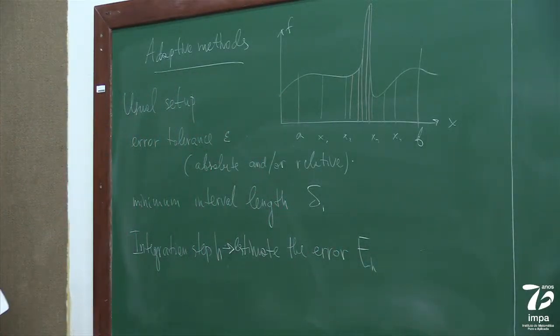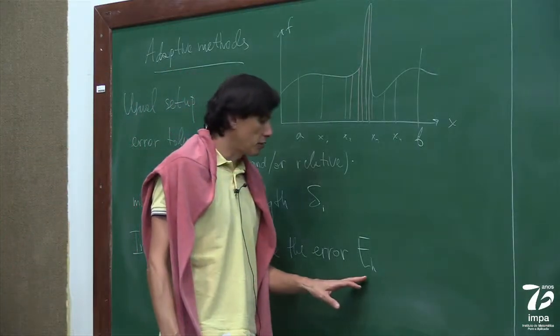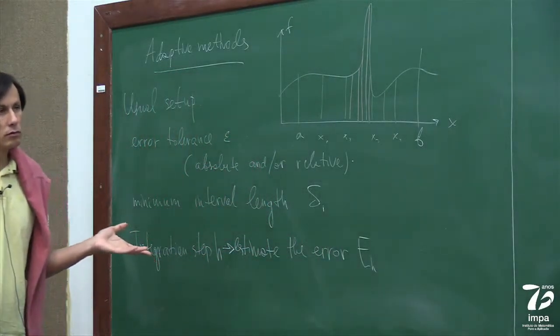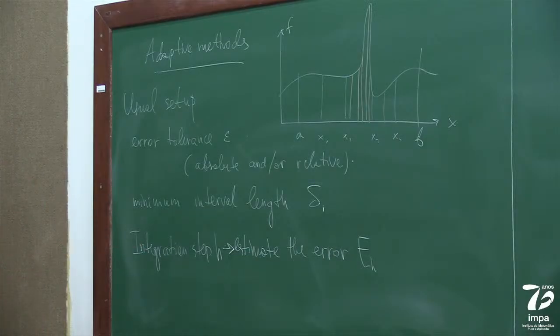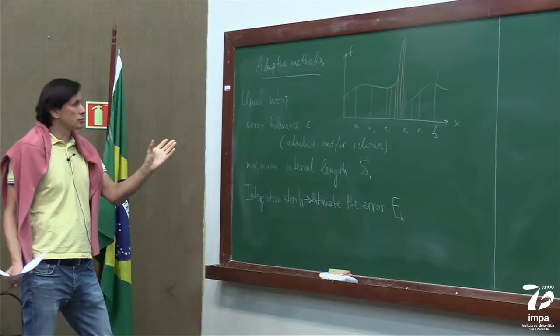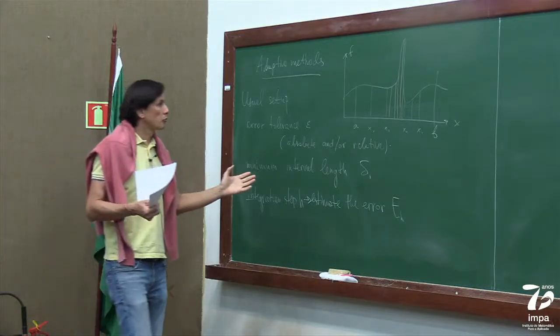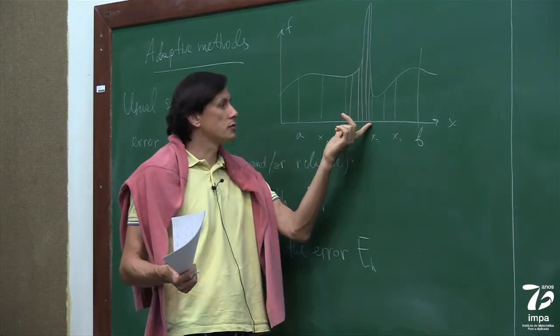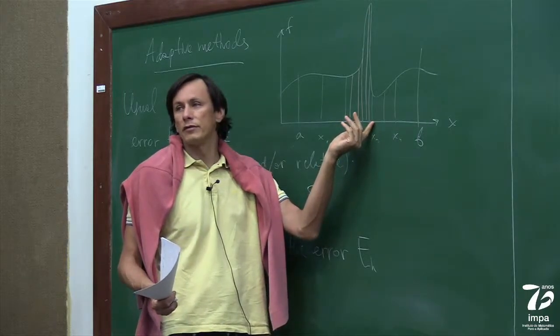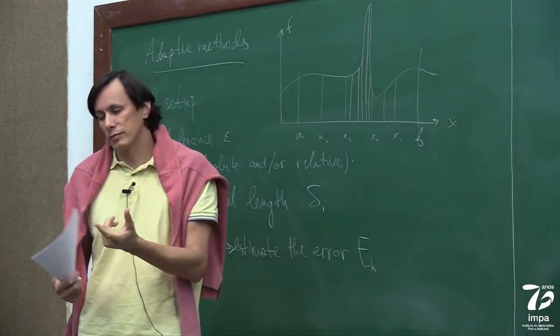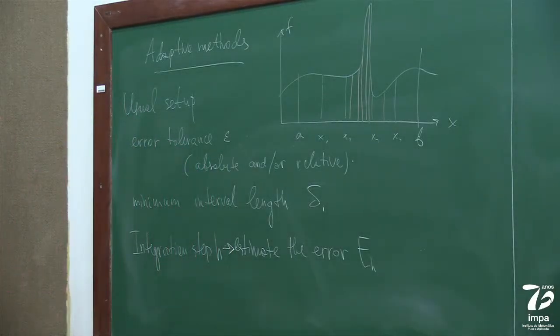This estimation of the error can be done in different ways, but I think the most popular way is that you just compare the computation on this interval h with the same computation with a twice smaller interval. And if you take a twice smaller interval, it's a high order method, so the computation with a twice smaller interval is much more accurate than the previous one. So the difference is essentially the error, by order of magnitude, for sure.